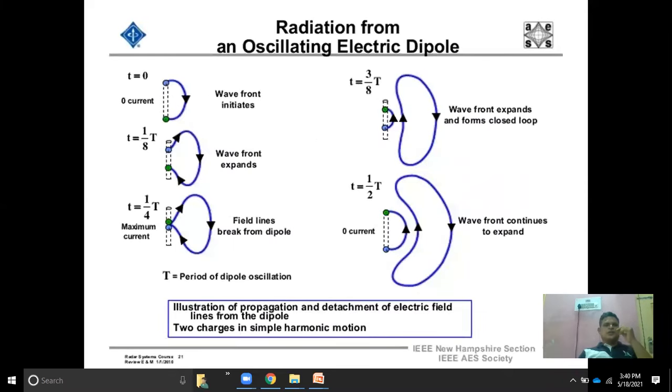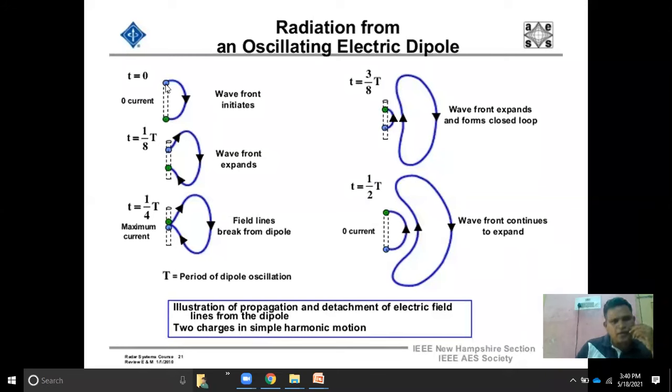See here, the radiation coming from an oscillating electric dipole is shown. We'll discuss in detail every stage of this figure. Here let us assume t is equal to 0. We have two equal and opposite charges.